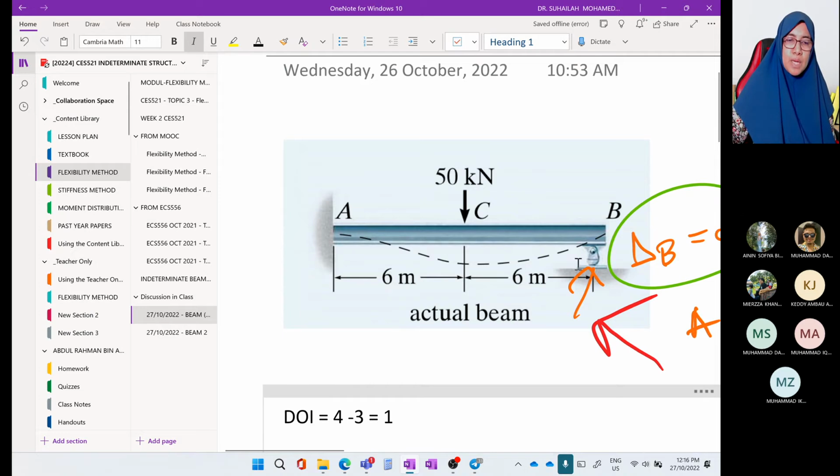So if we remove BY as the redundant, we will get a cantilever beam. If we remove MA, we will get a simply supported beam.